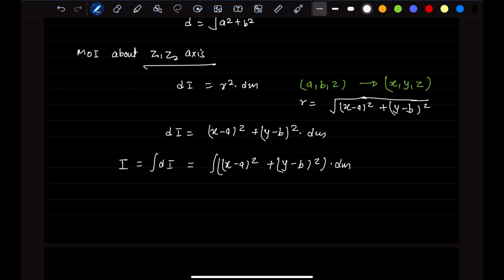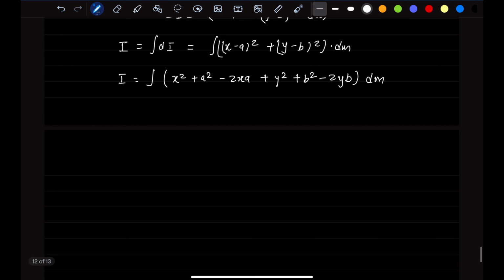So I is the integration of x square plus a square minus 2xa plus y square plus b square minus 2yb dm. Very good. It seems very complicated, isn't it?